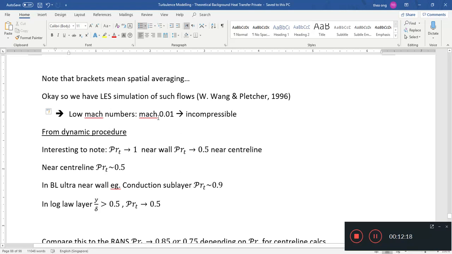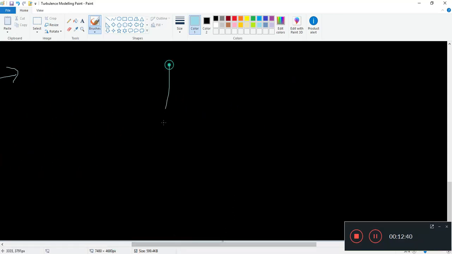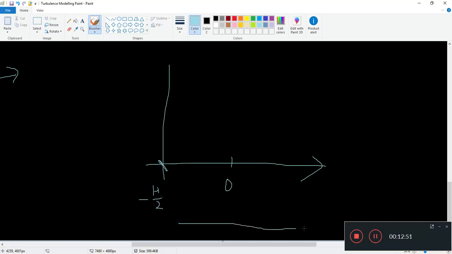Alright, so from this dynamic procedure to model this kind of flow, you notice that the turbulent Prandtl number goes to 1 near the wall for this LES, and it goes to 0.5 near the center line. Okay, so if you have a channel flow, like so, this is y equals 0, this is y equals minus h over 2, where h is the whole height of the channel, and then you have h over 2.